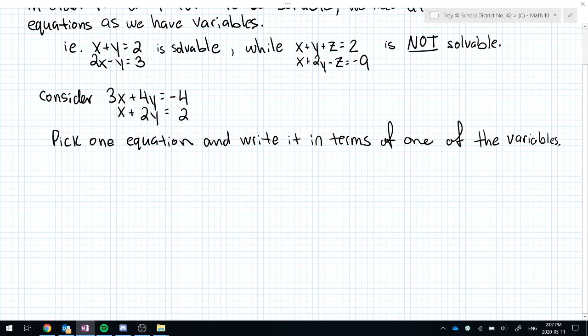When I say write it in terms of, that means we isolate for it. So if I say write it in terms of y, that means we're going to change the equation to say y equals something.